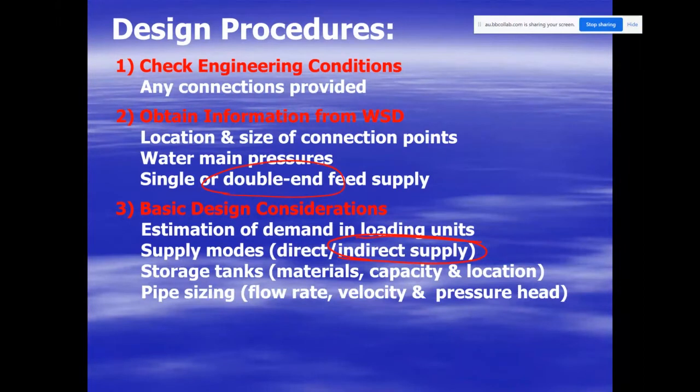99%, we shall consider the indirect supply, to prevent contamination of the main supply pipe. But some cities may use a direct supply. The other reason we consider indirect water supply is that in Hong Kong we use a two pipe system: seawater for flushing and fresh water for potable water.